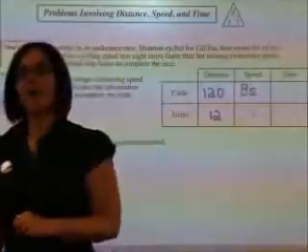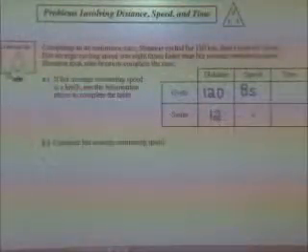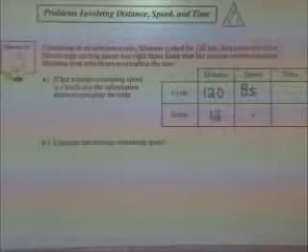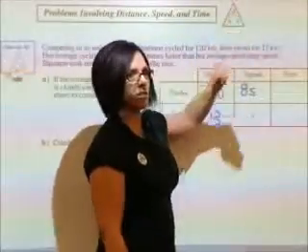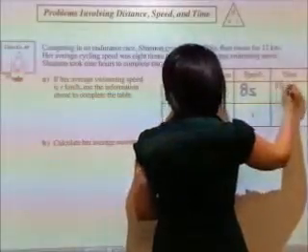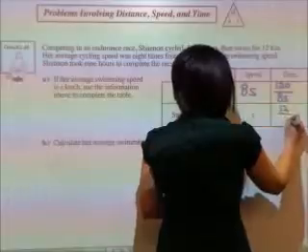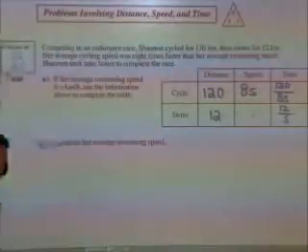Okay. And how do I relate distance and speed to time? So if I know the distance and the speed, how do I find the time it takes? Distance divided by speed. So the time column would be 120 divided by 8s and 12 divided by s.